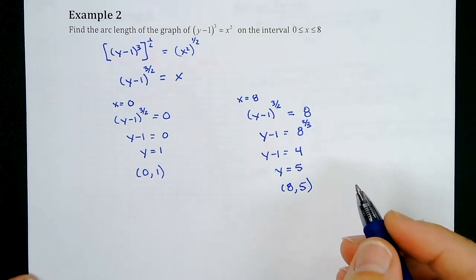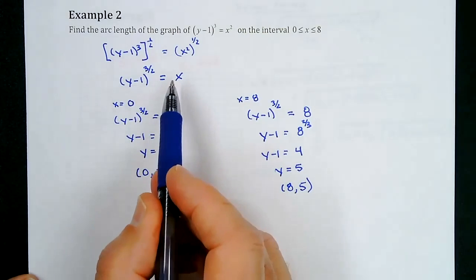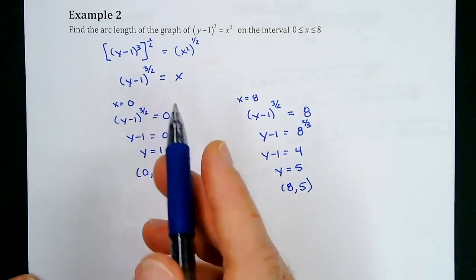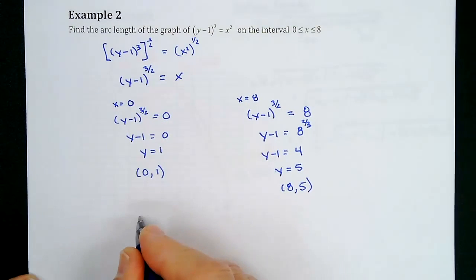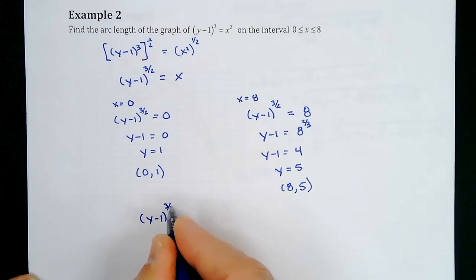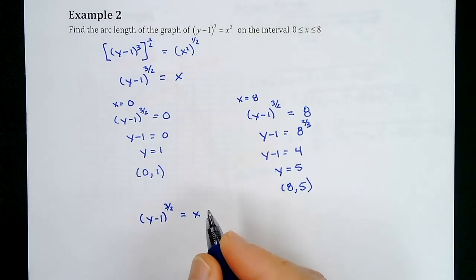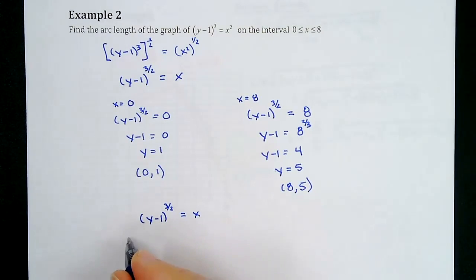Now, the other thing that I need to do: I have x is equal to this, and I need to find the derivative of x with respect to y. So if I take (y minus 1) to the 3/2 power is equal to x, I want to find the derivative of both sides with respect to y.